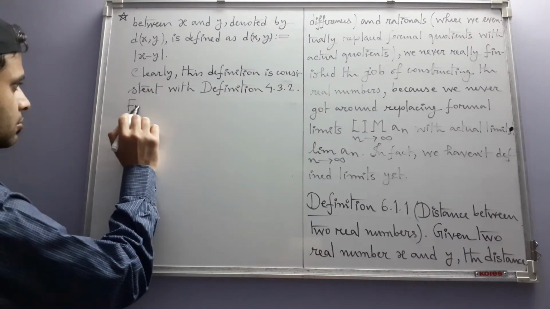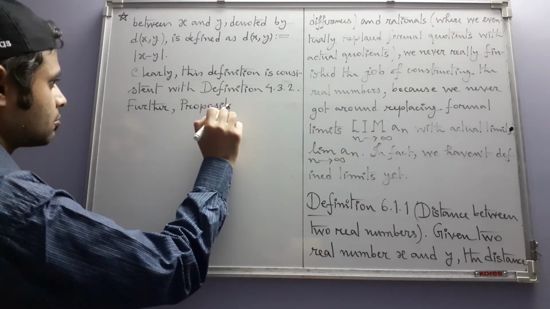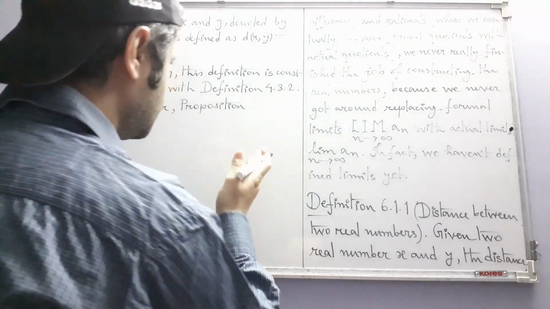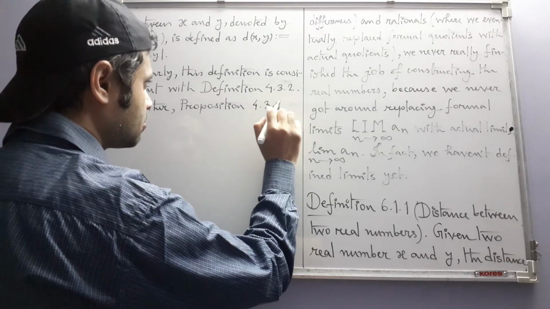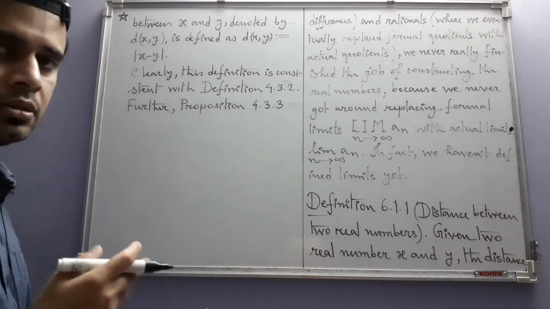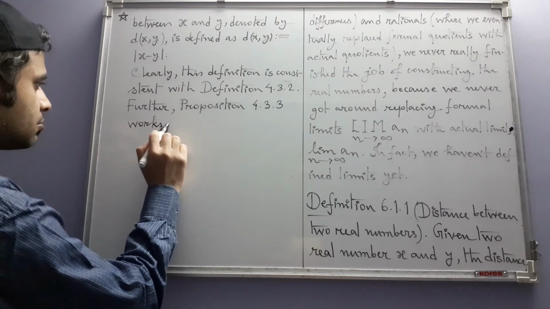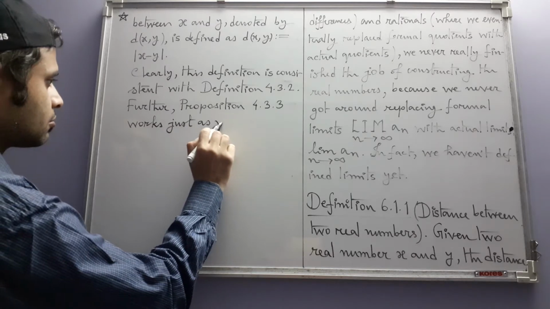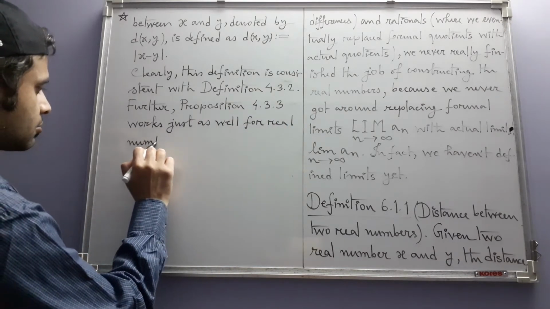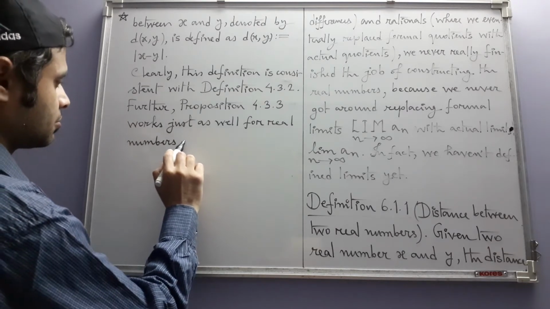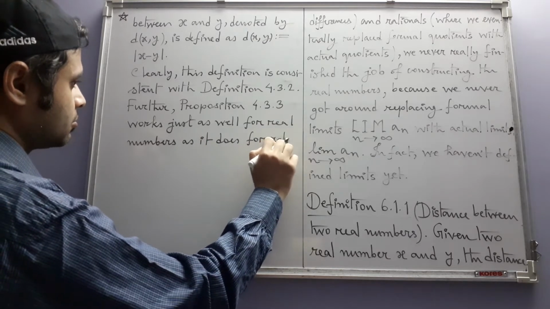Further, proposition 4.3.3, which has elementary properties of this distance between two rational numbers, also continues to be true if we replace all the rational numbers by real numbers. It works just as well for real numbers as it does for rational numbers.